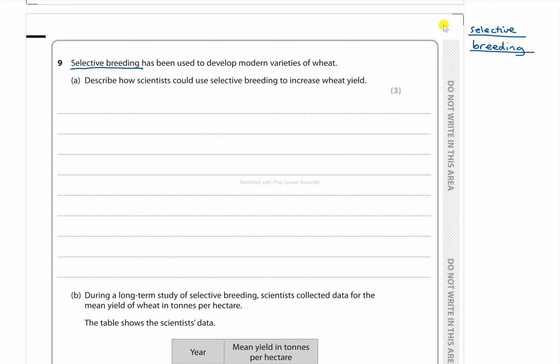This is when humans pick desired characteristics of the organism, of the plant or animal, and breed them.